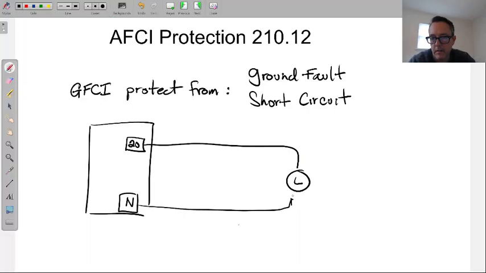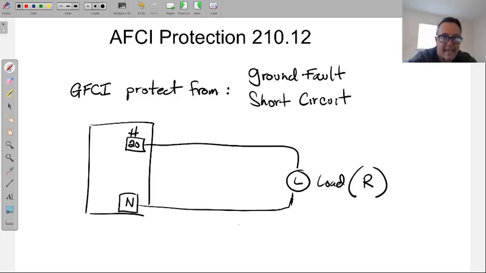So we have a load, and this is how we have a completed circuit. We can have a switch and all that, doesn't matter. So this is a circuit from the hot to a load. The load has a very important feature, resistance, and then back to our neutral conductor.